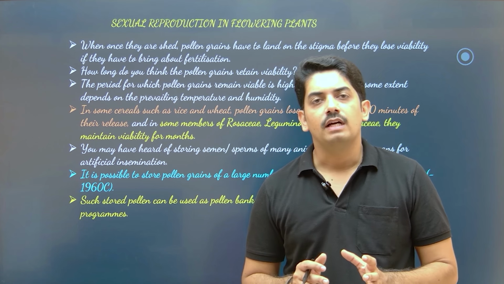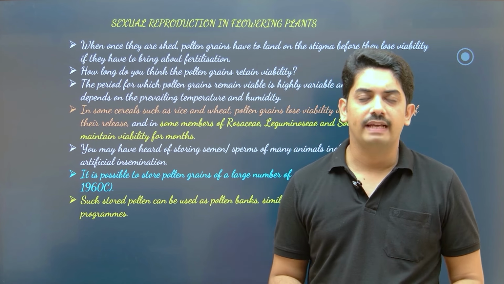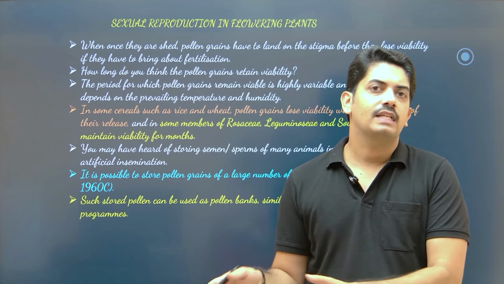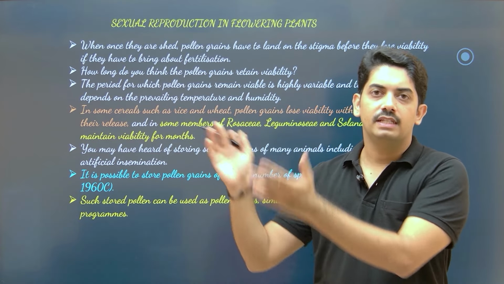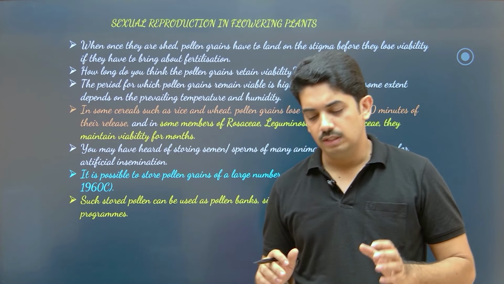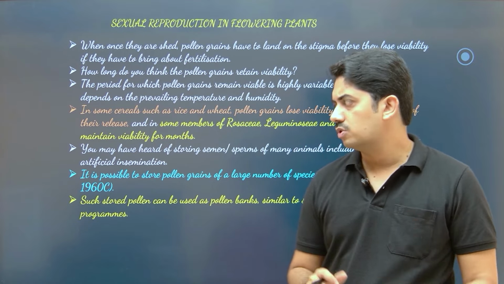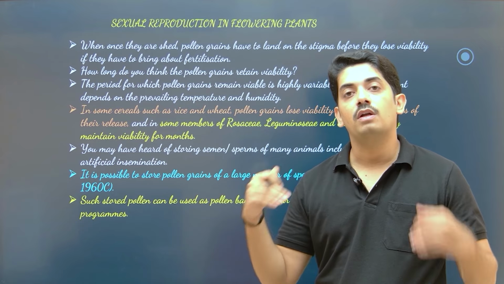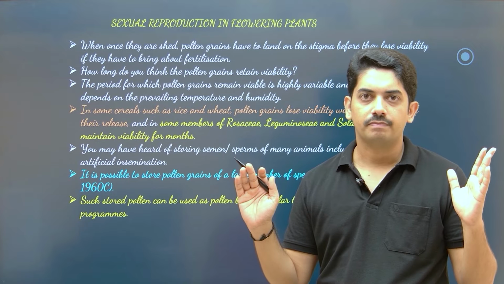Or if the seeds are not viable, then you conserve the pollen grains and use them in tissue culture and generate the new plants. So the main importance of cryopreservation is you can store these pollen grains for several years.